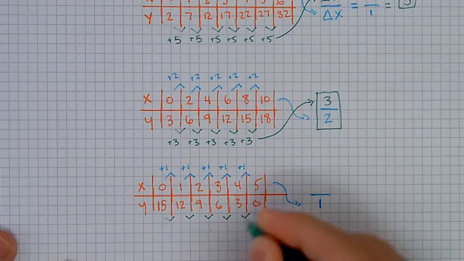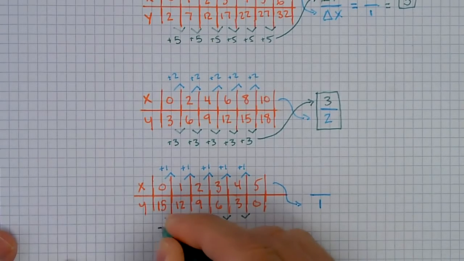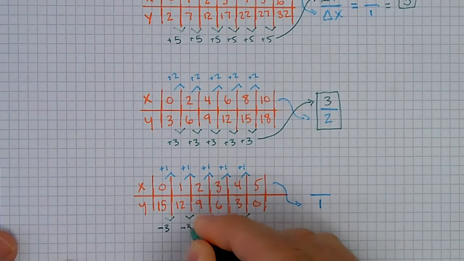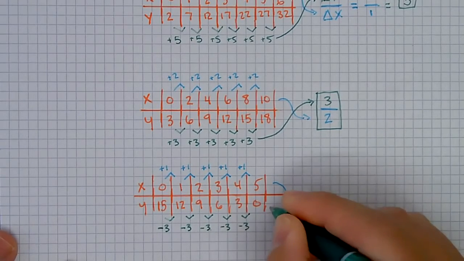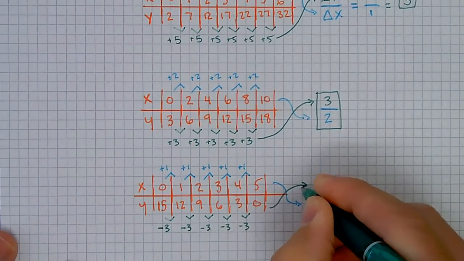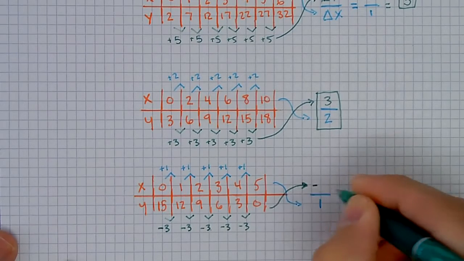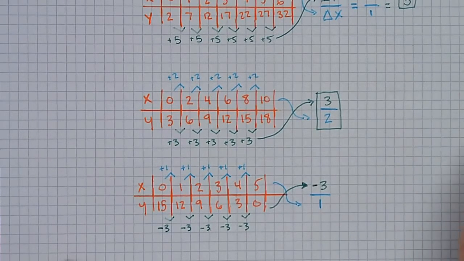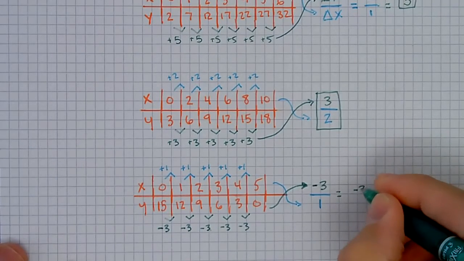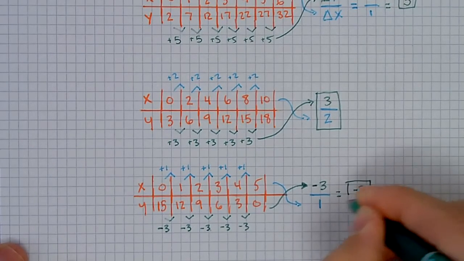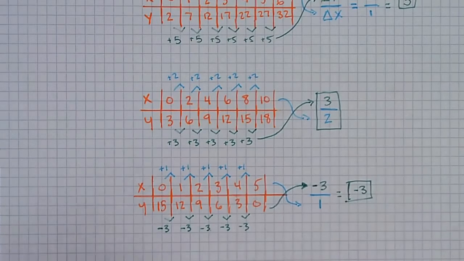So as we go from 15 to 12, we subtract 3, subtract 3, subtract 3, subtract 3. So we have to put the -3 in front. Make sure it's a negative, which would give us a slope of -3.